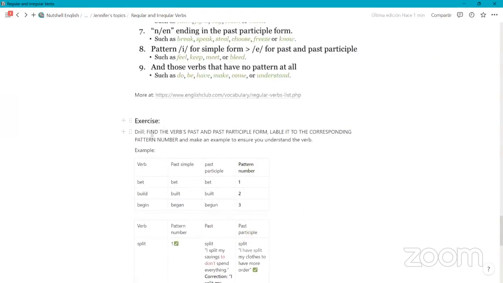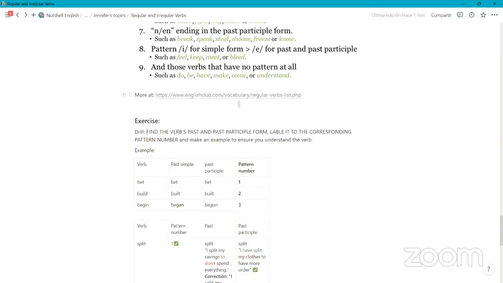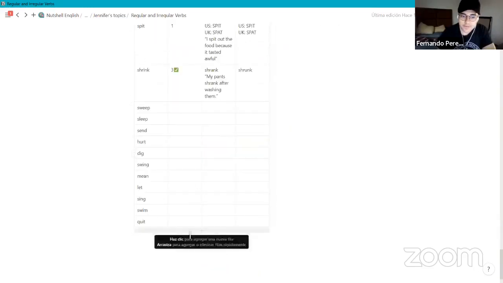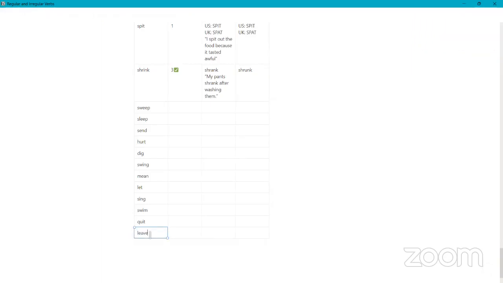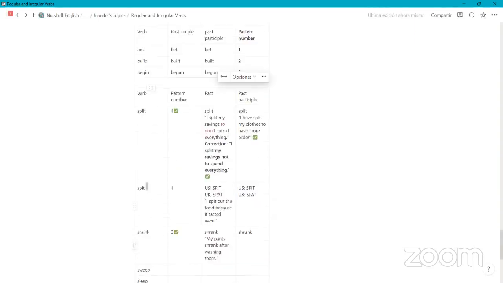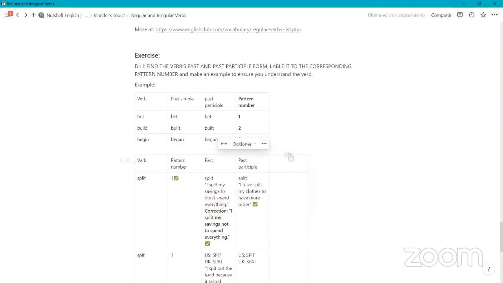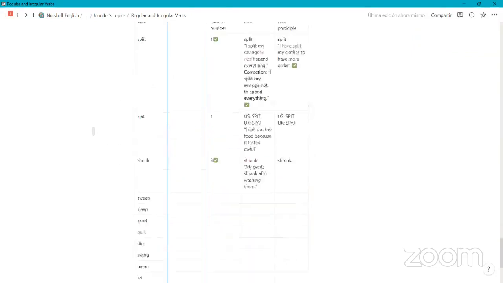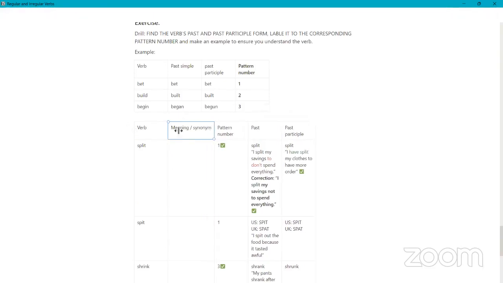What is the meaning of leaf? What's the meaning? In Spanish? No, of course not. Meaning or synonym. Synonym.